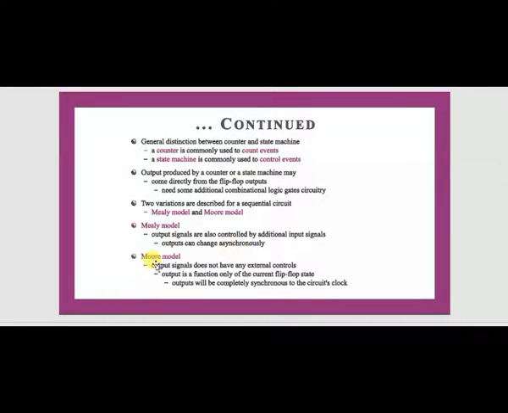But in the Moore model, output signals don't have any external controls. In the Mealy model, output can change asynchronously. On the other hand, in the Moore model, output is a function only of the current flip-flop states. That's the difference between the two models.